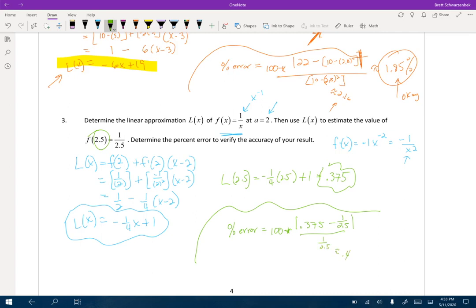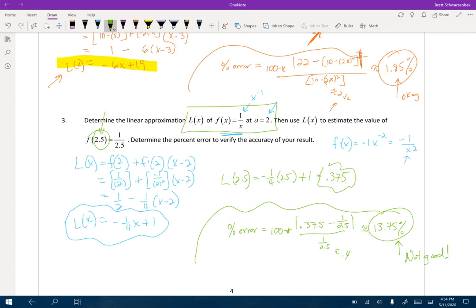So now we're at 0.4 and 0.375. So it's really getting far away here. Let's see what that calculates to be. 13.75%. That is an ugly percent error. Not good. Okay, so that would tell us that we would not want to use this model of linear approximation to estimate so far away from 2.